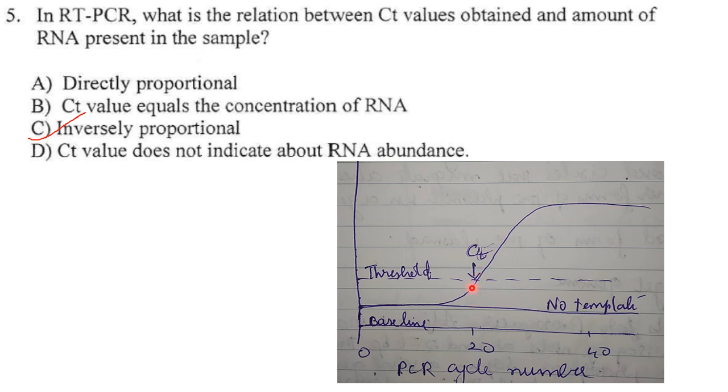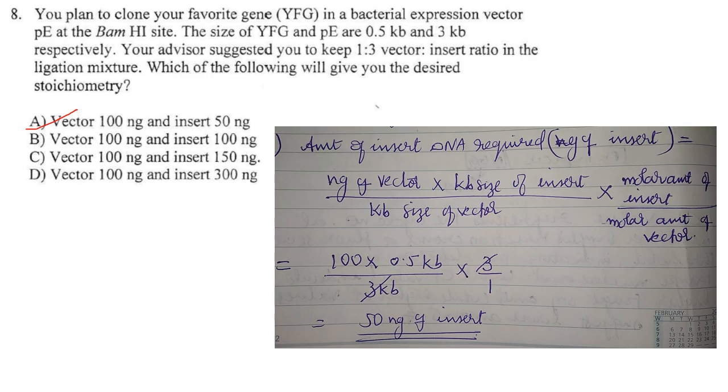Lower CT values, that is at lesser cycle number, indicate higher target sequence amounts, while higher CT values indicate lower amounts of the target. So the answer here is option C, inversely proportional. That is, the CT value obtained and the amount of RNA present in the sample are inversely proportional. Answer is option C.